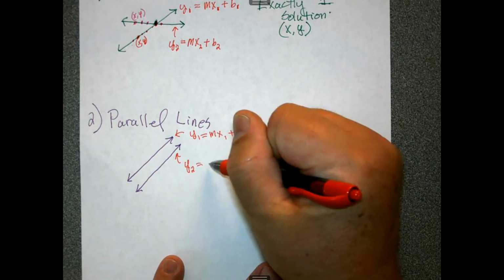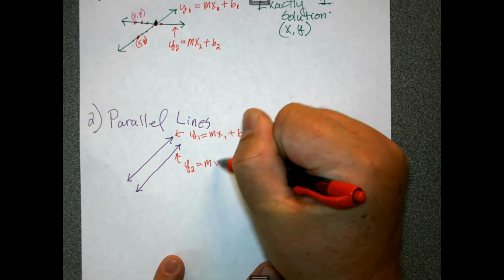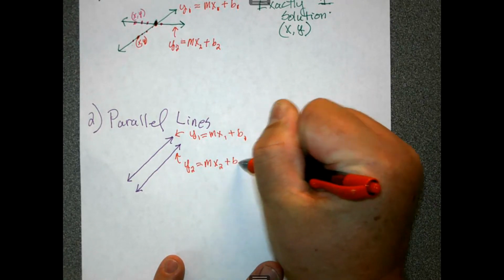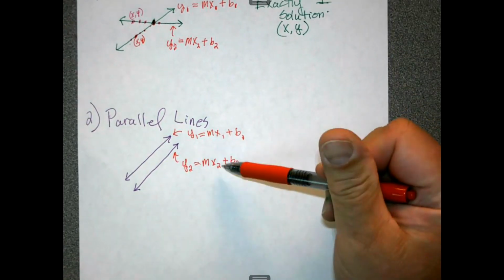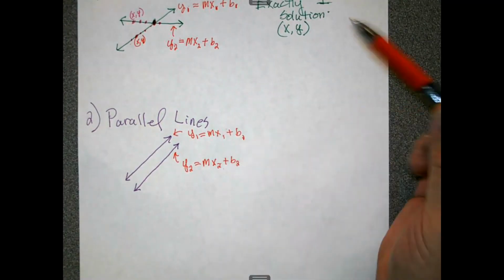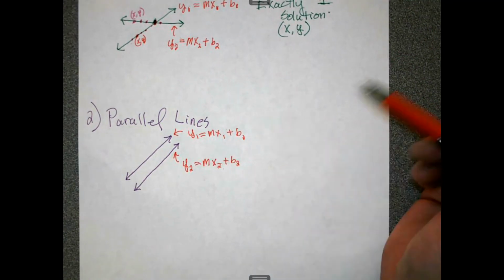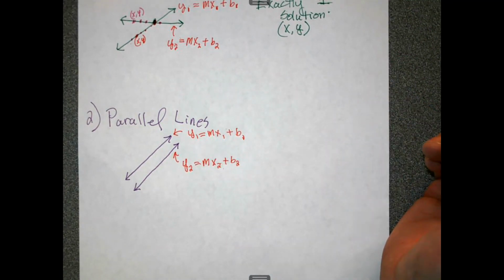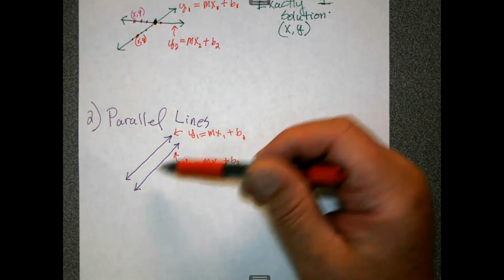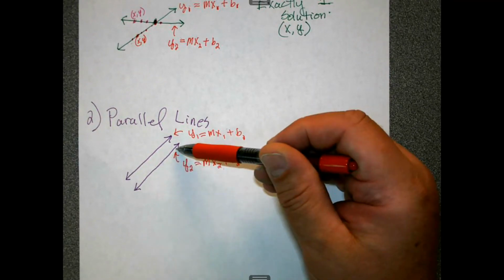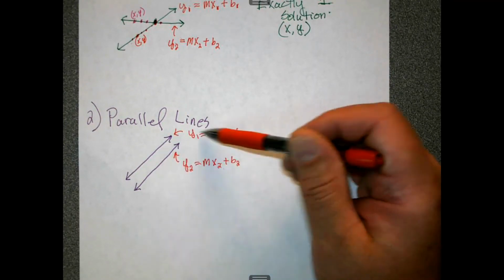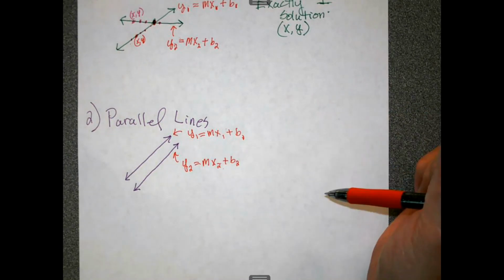And again, I'm using different subscripts to denote that they're different equations. Do I have anything in common between these two equations or lines? Is there a point that will work? If I pick a point on this line, will it work in this equation for this line?